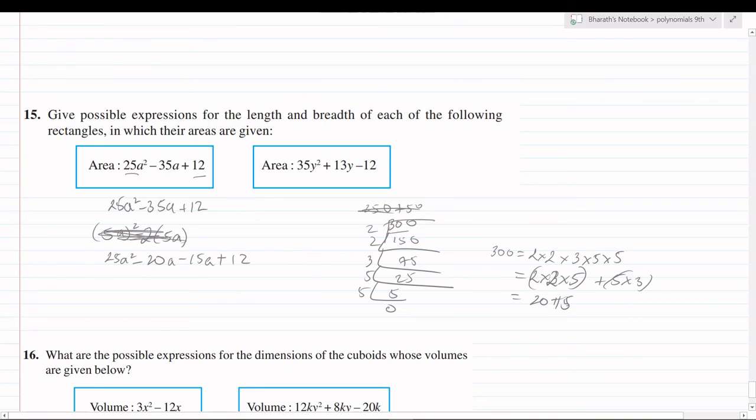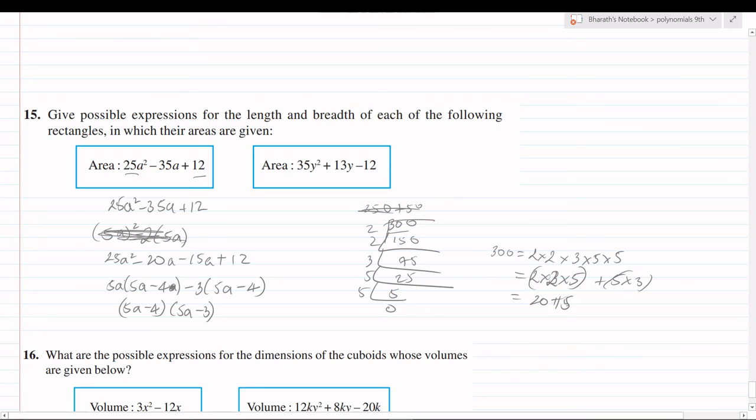Take 5a common: 5a into 5a minus 4, minus, take 3 common here, 5a minus 4. So in this whole thing, 5a minus 4 is common, times 5a minus 3.